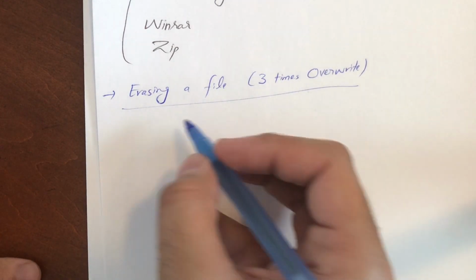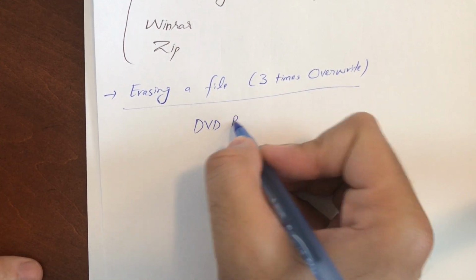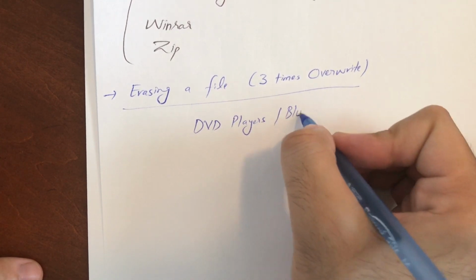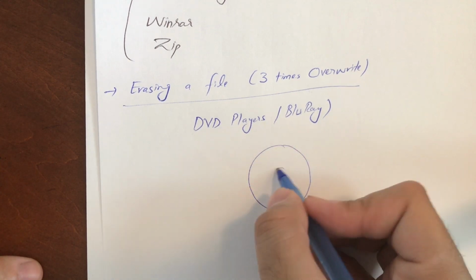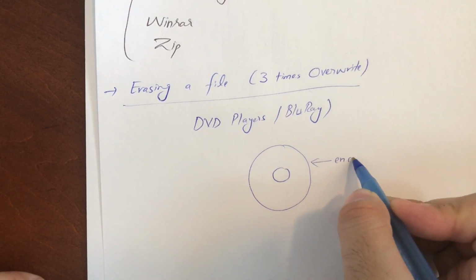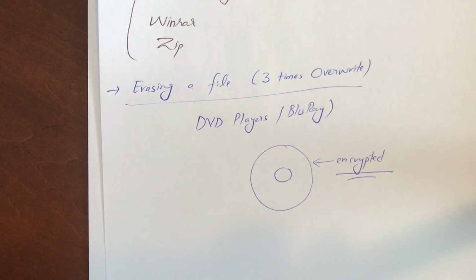An application of symmetric encryption: we use symmetric encryption even in DVD players. DVD players and Blu-ray players actually use this symmetric encryption. If you have a DVD or a Blu-ray, all the data on it is encrypted.